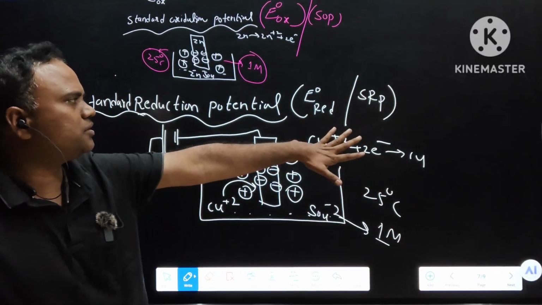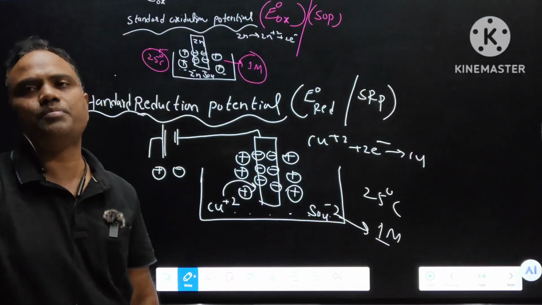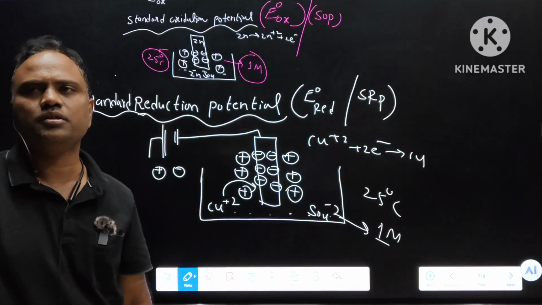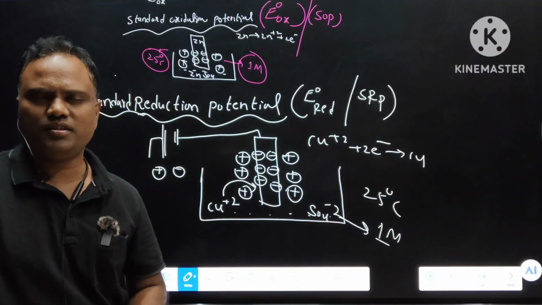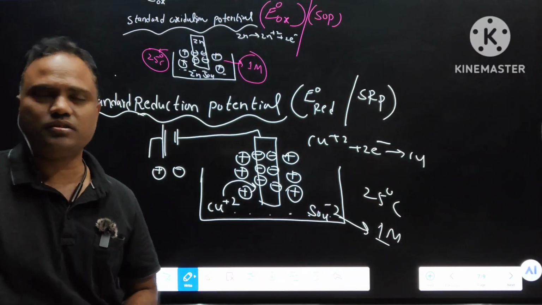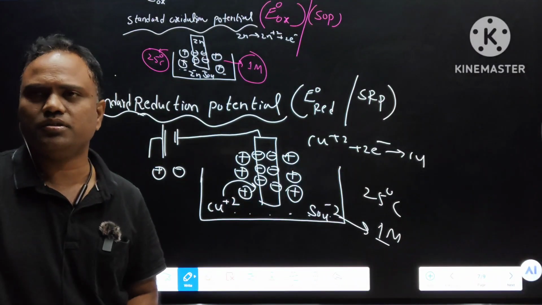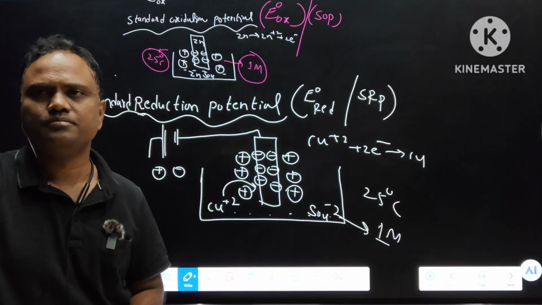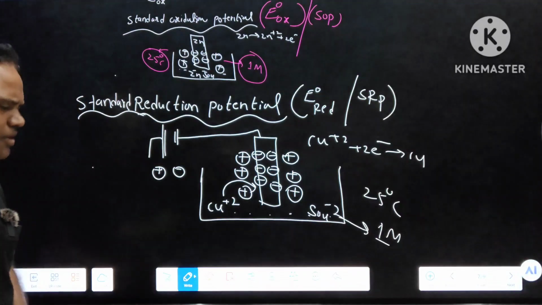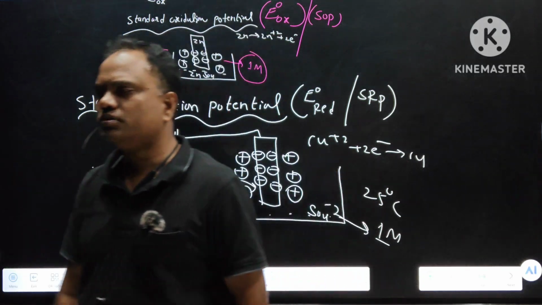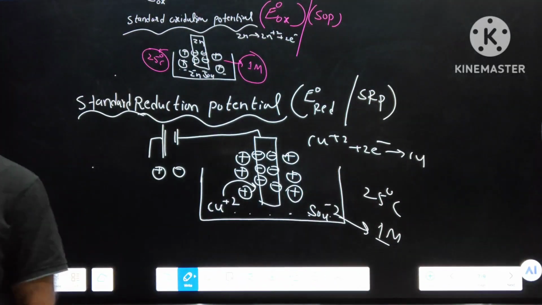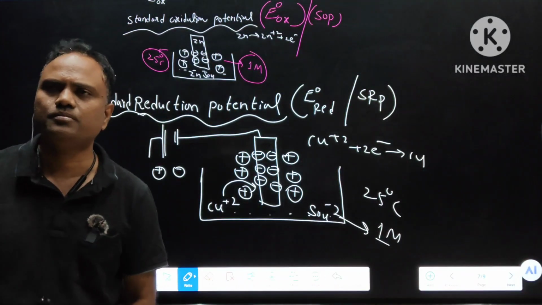Generally, we prefer to take SRP values during the numerical part. And yesterday's third question also depends on the SRP value, the reduction potential values. Most of the metals are ready to lose electrons: zinc, sodium, magnesium, iron, aluminum.